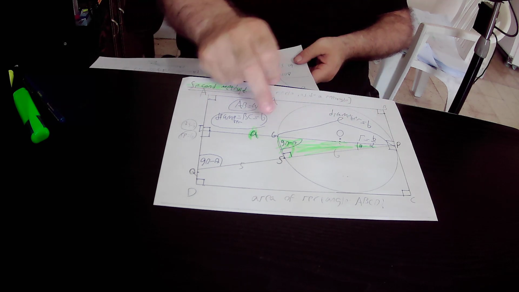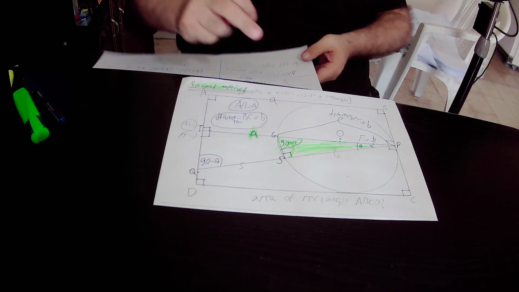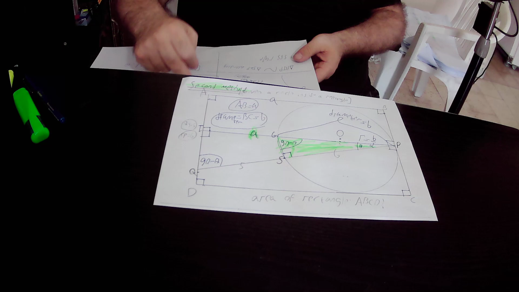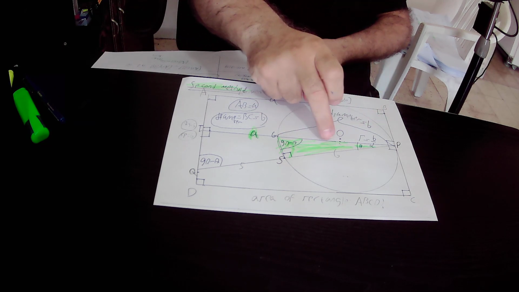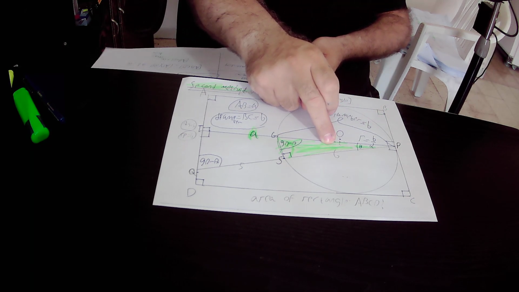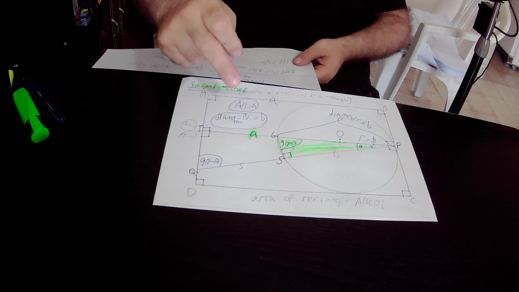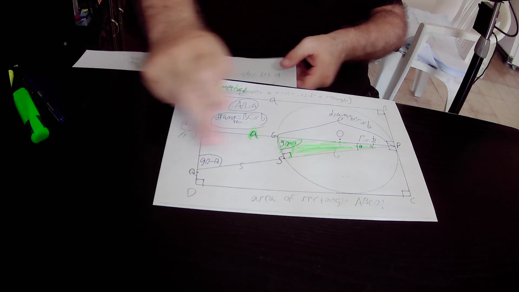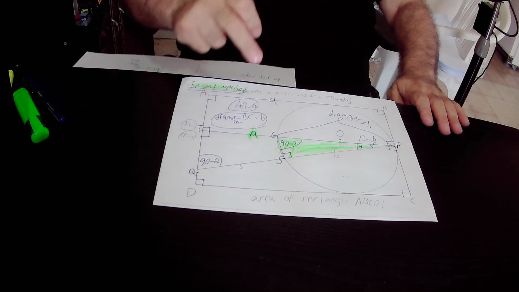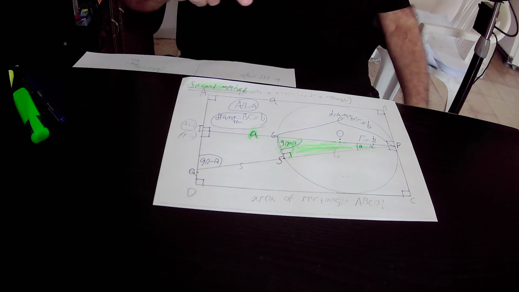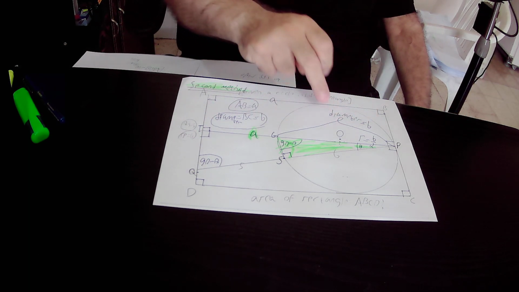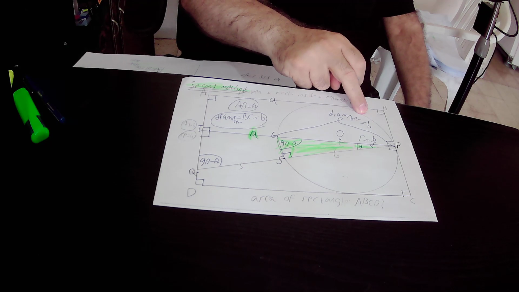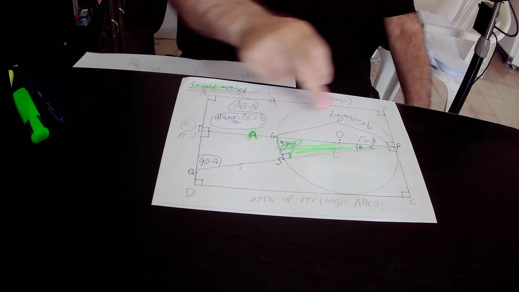TP equals A, according to what we have already found out, so we substitute TP by A. What is the value of SP? SP equals 6 units, according to what is given in the question. What is the value of QP? QP equals 6 plus 5, that is 11. So we substitute QP by 11. And finally, GP is the diameter of the circle that is equal to B. Therefore, we substitute GP by B.